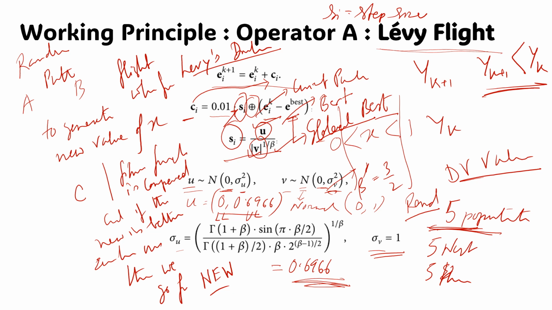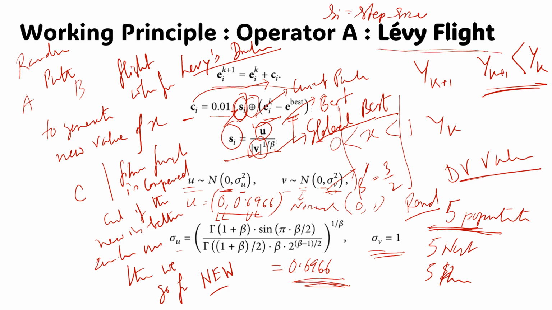That is what C_I is, where S is U by absolute V to the power 1 by beta. So I think for S_I and C_I, no restriction is coming. Again, this U and V are going to be the normal distribution function of U and of V. Once you have generated this U and V, you straight away put them in.